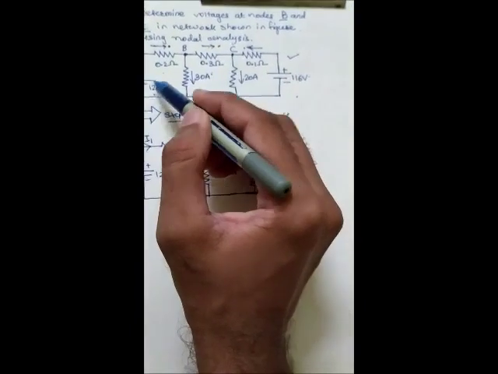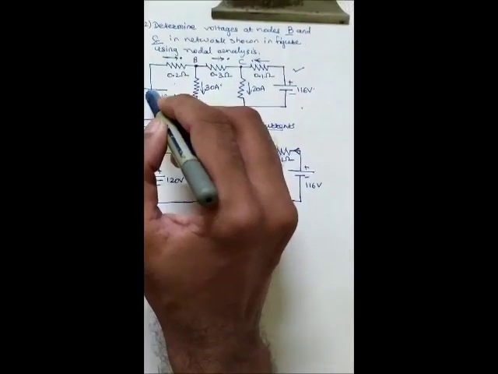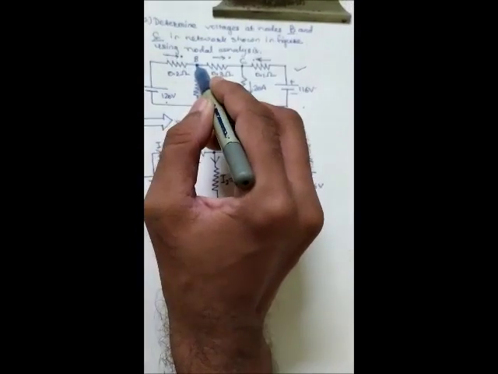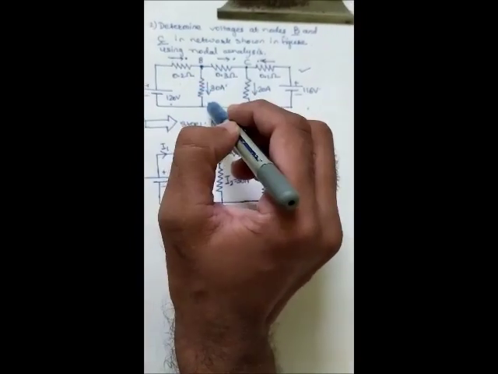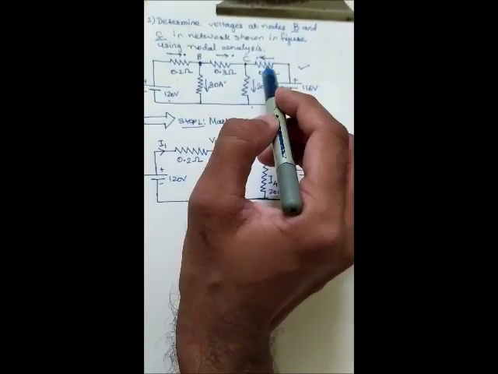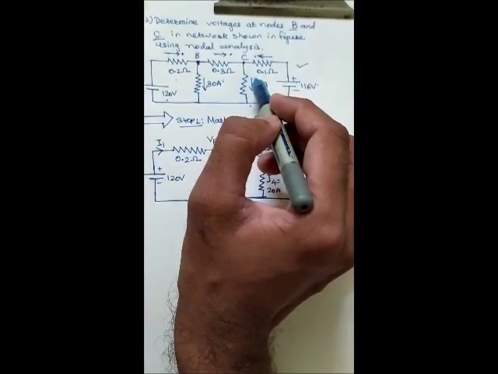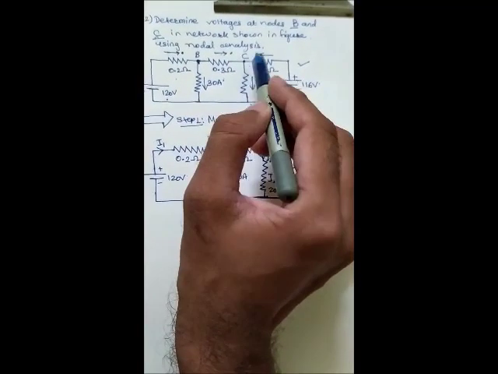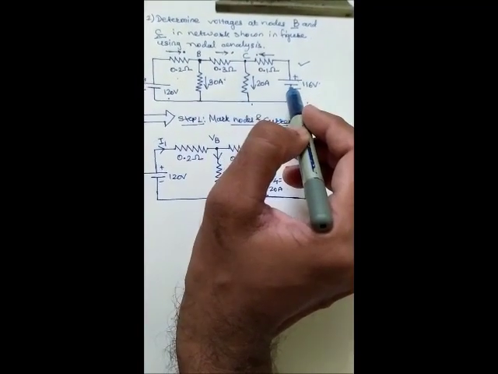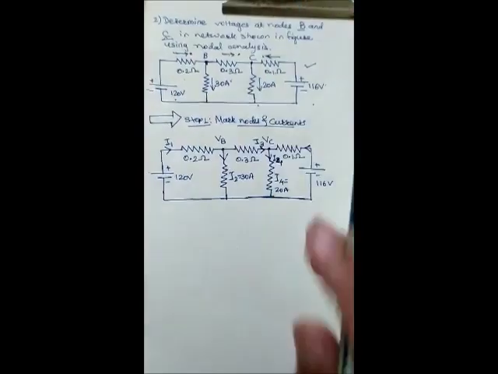That means current flowing through the 0.2 ohm resistance is flowing from the voltage source to node B. The current flowing through 0.3 ohm is flowing from node B to node C, and current flowing through 0.1 ohm resistance is coming from this source of 116 volts to node C.